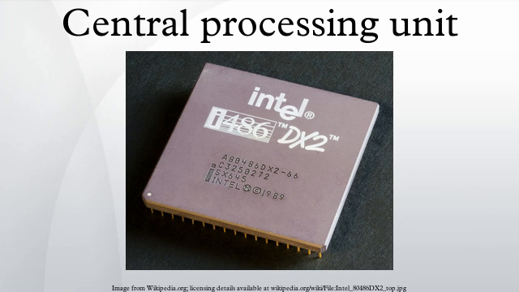Often, one group of numbers in the instruction, called the opcode, indicates which operation to perform. The remaining parts of the number usually provide information required for that instruction, such as operands for an addition operation. Such operands may be given as a constant value, or as a place to locate a value, a register or a memory address, as determined by some addressing mode.